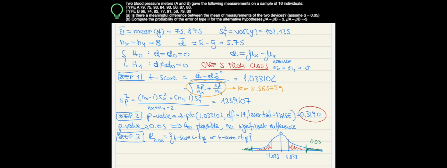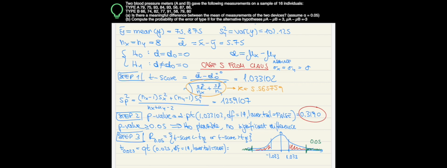So it's easy to calculate this t alpha. So t alpha over 2, so 0.025, is the quantile of a student distribution evaluated at 0.025, degrees of freedom 14, and lower tail equal to true.